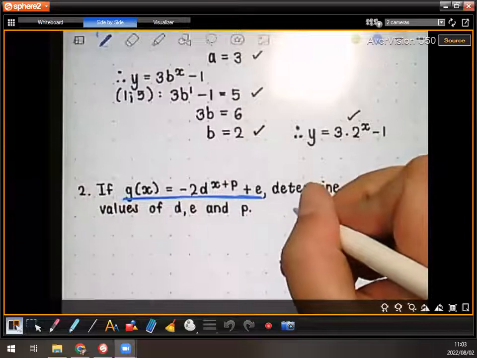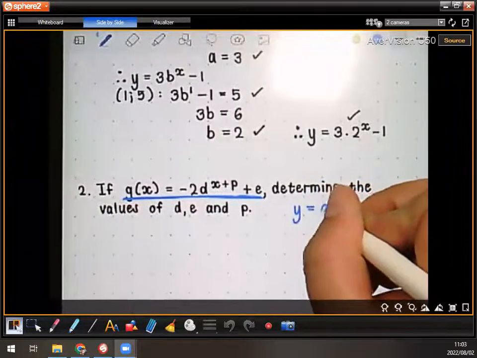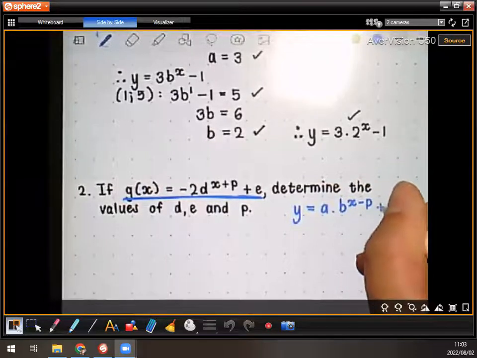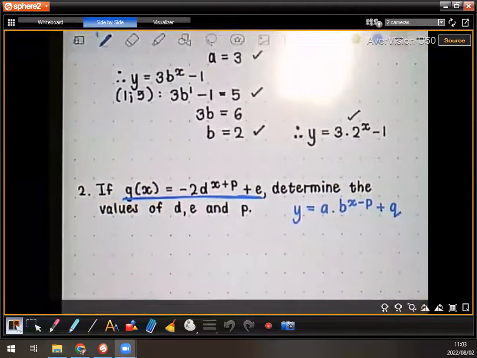Again, I'm just going to, on the side, write the standard form that we are used to working with. And again, we can see that what they've given us here is different from what we've been working with.